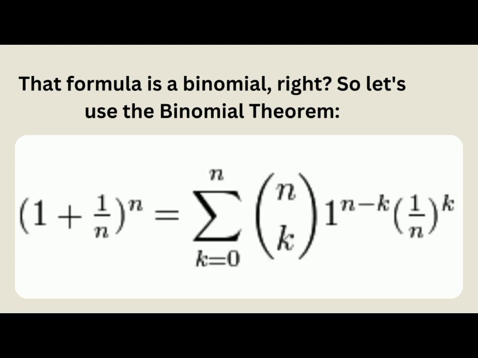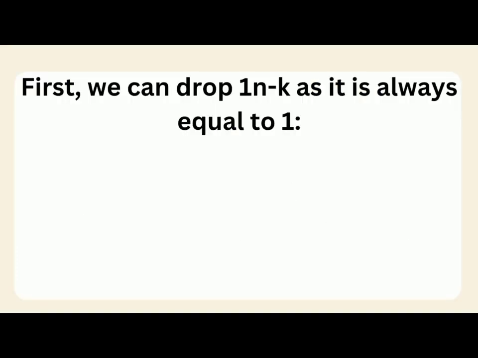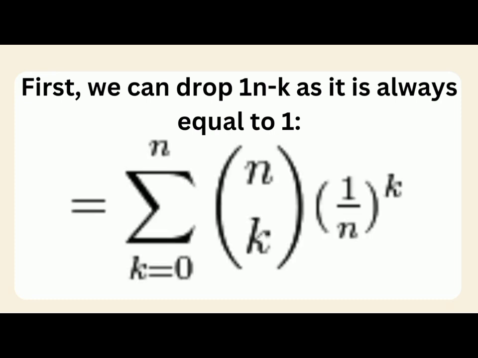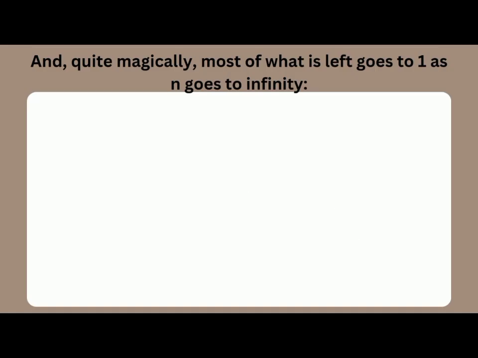So this is the binomial theorem formula. First, we can drop 1^(n-k) as it is always equal to 1. And quite magically, most of what is left goes to 1 as n goes to infinity.